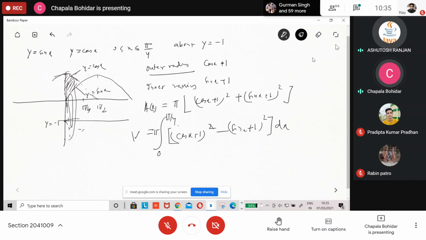No, ma'am. Sorry, it is not plus, here I have written minus. You see, the area of the outer circle, then minus the area of the inner circle. Okay.